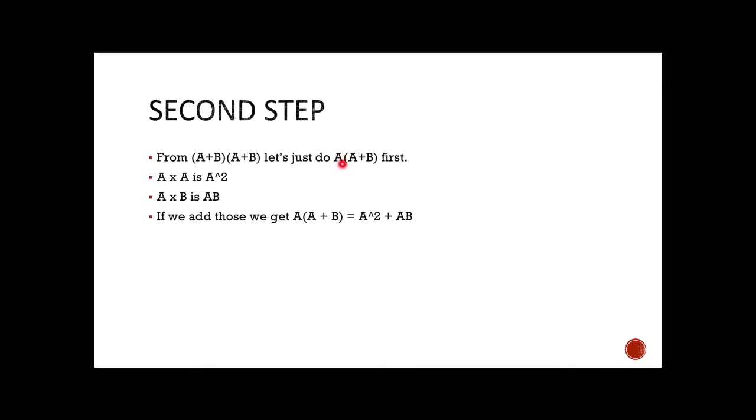The coefficient, which is the front thing, has to multiply what's inside. So we get a squared plus ab. Let's just store that for now.